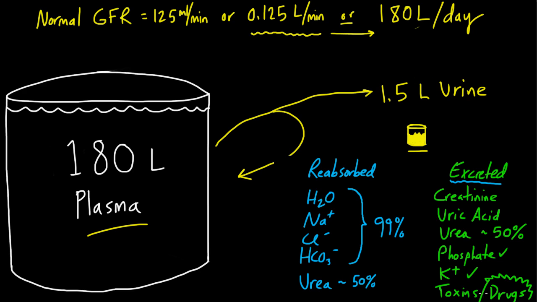All this stuff is what is preferentially excreted in this 1.5 liters of urine right here. So what we're going to go over today in the next couple of videos is how the kidney preferentially reabsorbs what it wants to, but also how it excretes what it doesn't want to reabsorb.